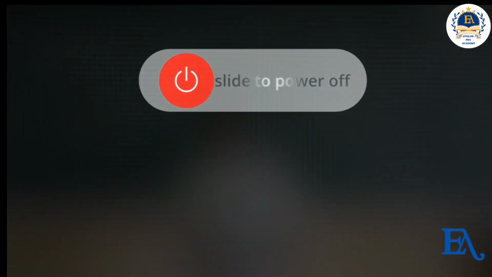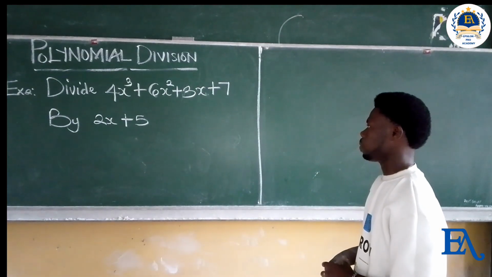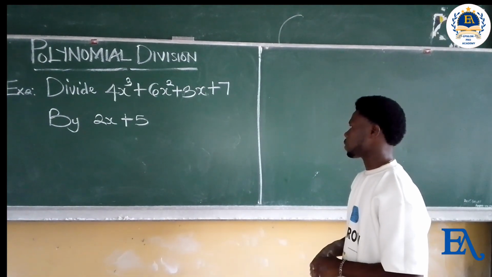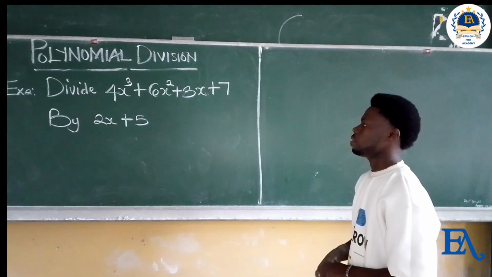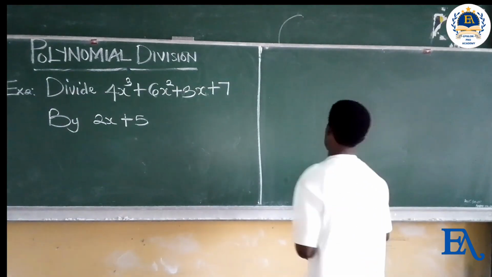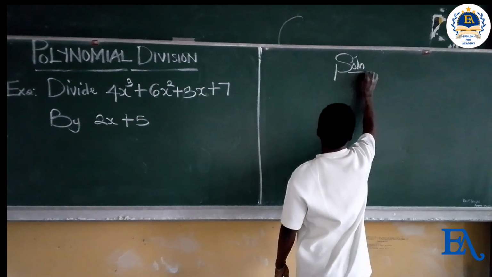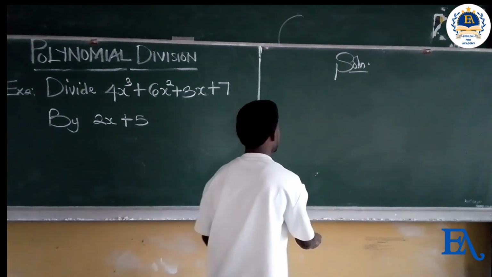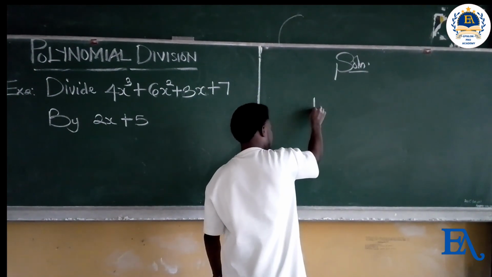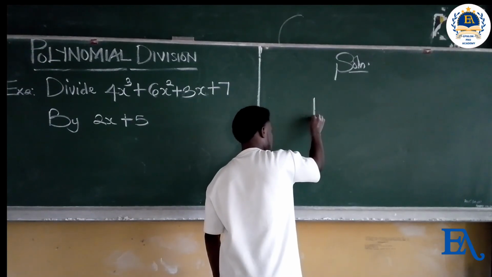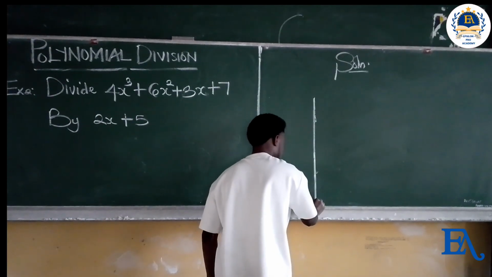Let's take another example. Divide 4x cubed plus 6x squared plus 3x plus 7 by 2x plus 5. Solution. First thing is to draw this line.